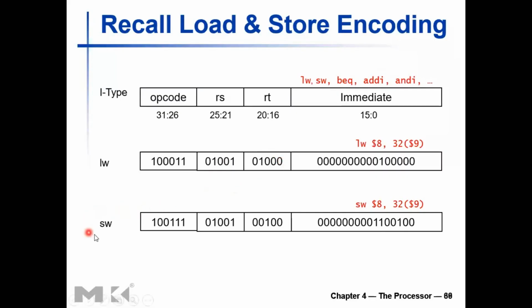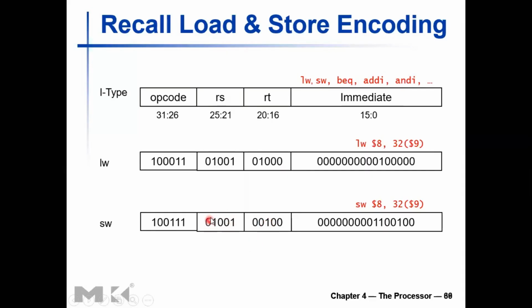In contrast, in the store word operation, RT is the source register, where you get the value from and write into the computed memory address. The memory address is computed the same way as in the load word instruction.